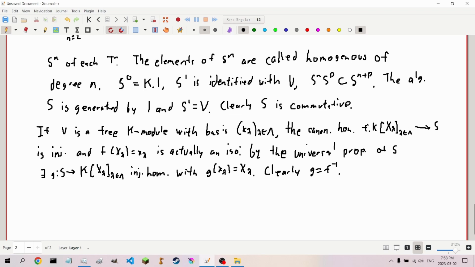Alright, so let S prime n inside Tn be the set of homogeneous symmetric tensors of order n.